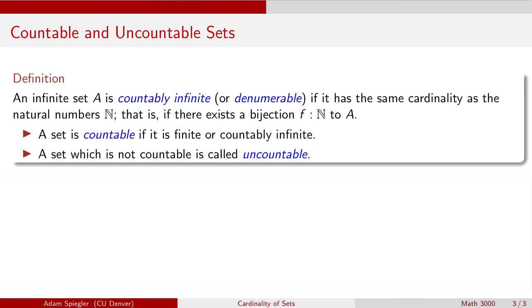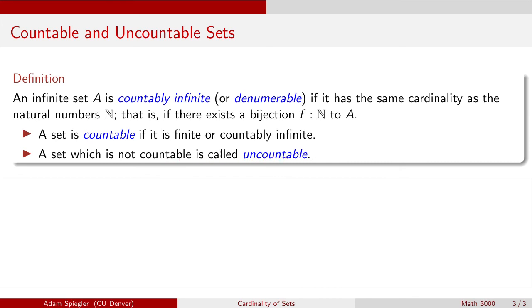And so what that means is there should be a bijection from the natural numbers into A. And so if we can construct this bijection or show that one exists, then we would call set A countably infinite. And more generally, we say that a set is countable if it is finite, so all finite sets are considered countable, or if it's countably infinite. And a set which is not countable is called uncountable.